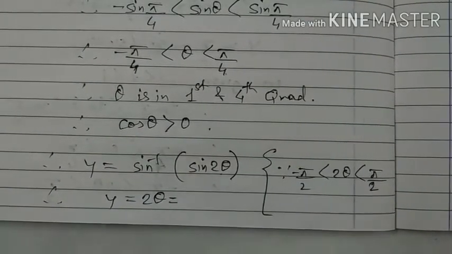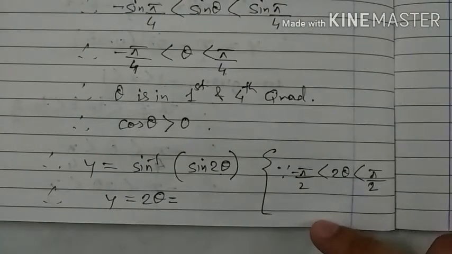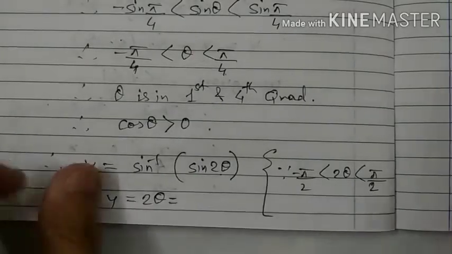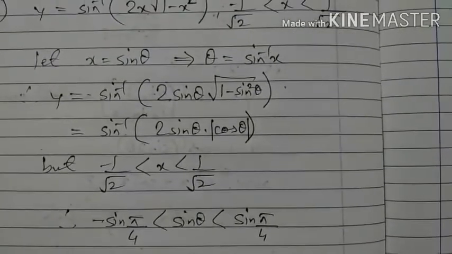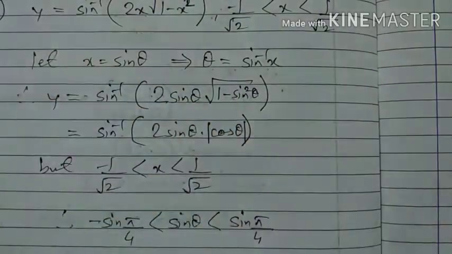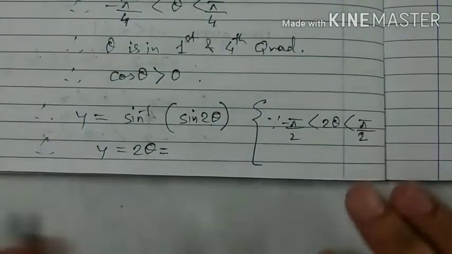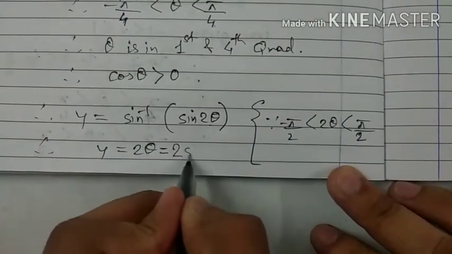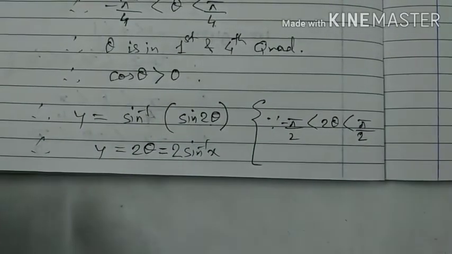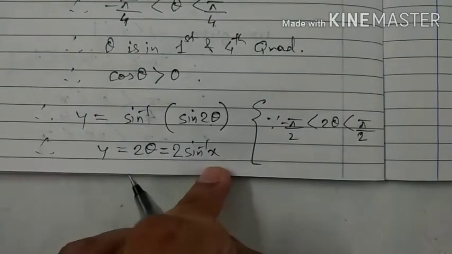Here, we have assumed that x equals sin theta. So if x equals sin theta, then theta is sin inverse x. So put the value of theta here: y equals 2 sin inverse x. This is the simplified form.